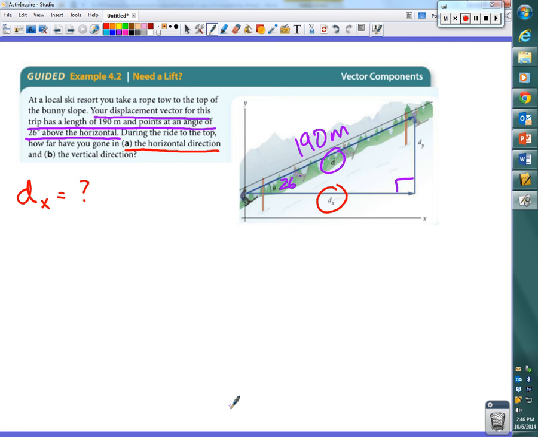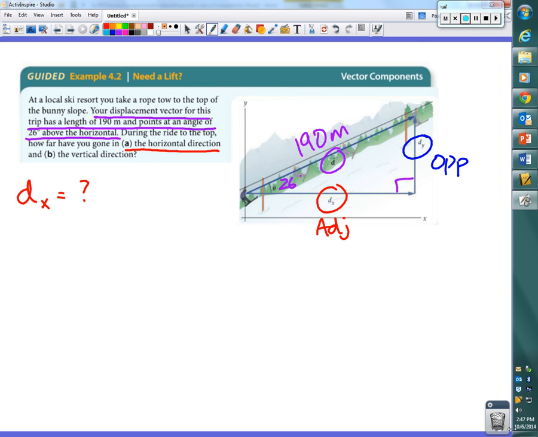We're trying to find one of the sides. Which side is that in relation to the angle that we know? It's the adjacent side. And then the side over here, the y component, would be the opposite side, in relation to the angle they gave us.